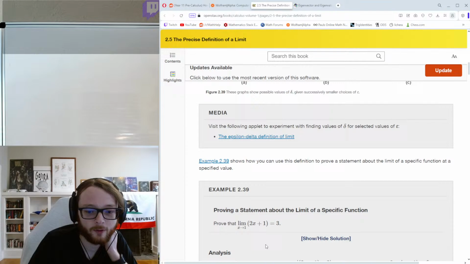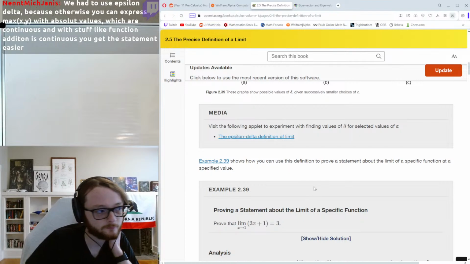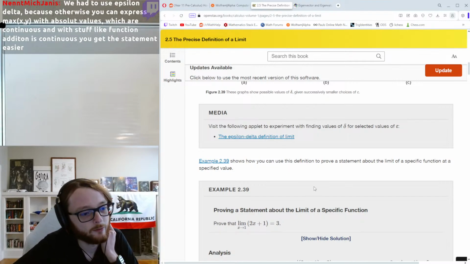So maybe before I look at the solution, I should try this simple limit on my own. We had to use epsilon delta because otherwise you could express max(x,y) with absolute values, which are continuous.